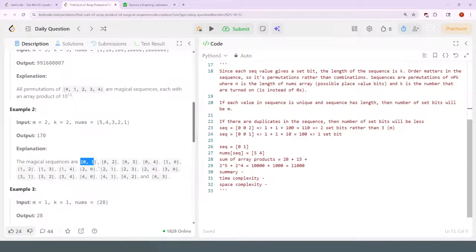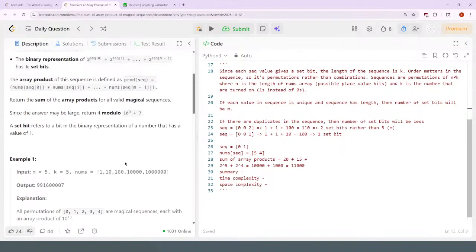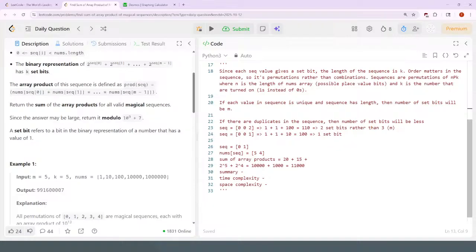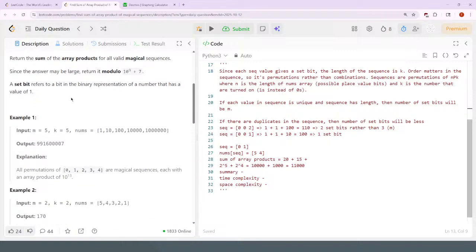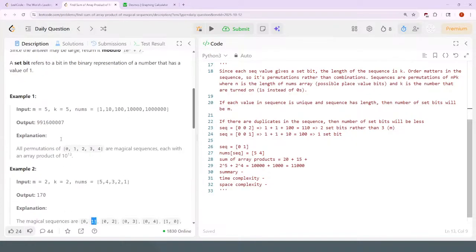A sequence permutation will have the same product value as another sequence permutation, because nums at 0 times nums at 1 is the same thing as nums at 1 times nums at 0. So it's the combination that matters.